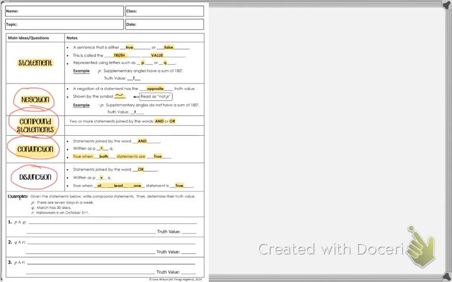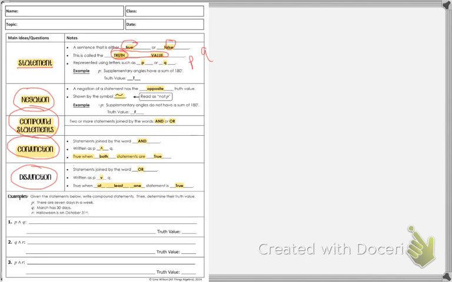So what is pretty much going to happen is we'll have a couple of sentences or statements. We're going to have to figure out whether they're true or they're false. Okay, that's called the truth value. Now, each sentence or each statement will be represented by a letter, and it's typically the P or the Q. And if we go further, it just goes on R, S, and so on.